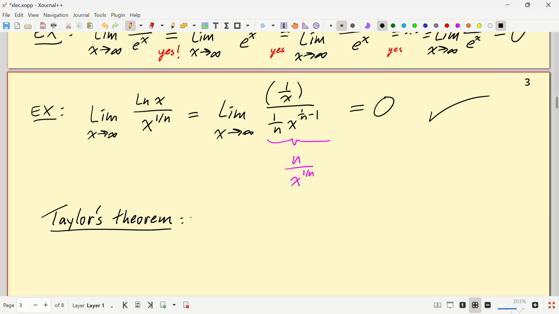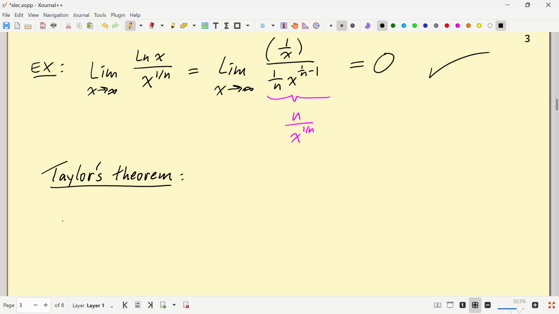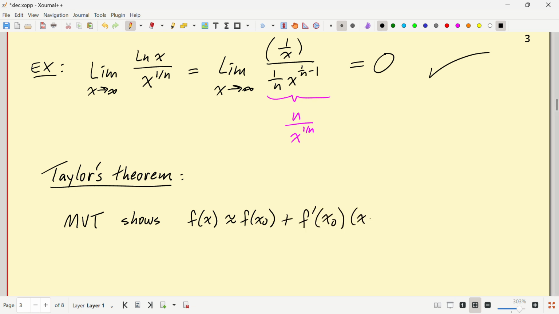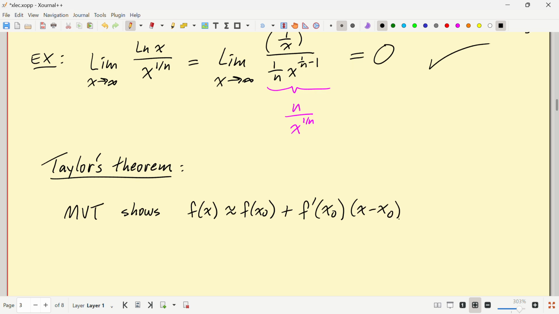So the mean value theorem is one way. The mean value theorem shows f of x can be approximated very closely by f of x naught plus f prime of x naught times x minus x naught, for x close to x naught.